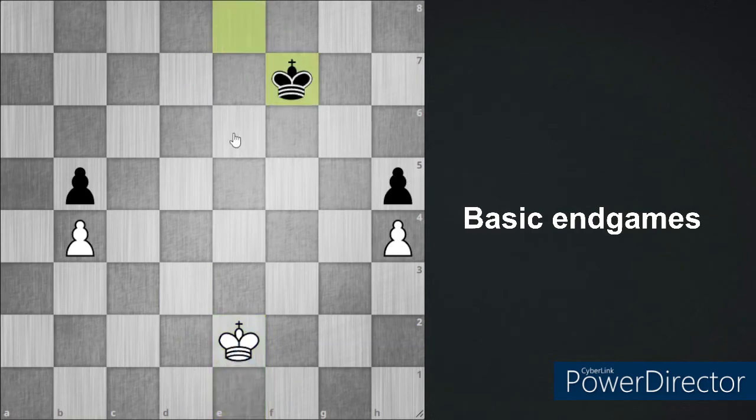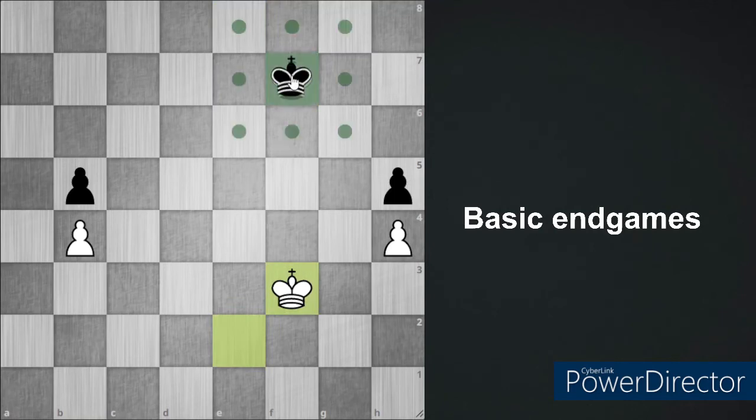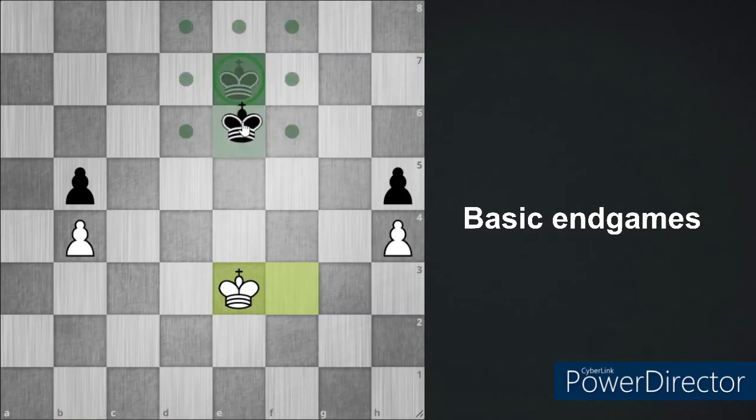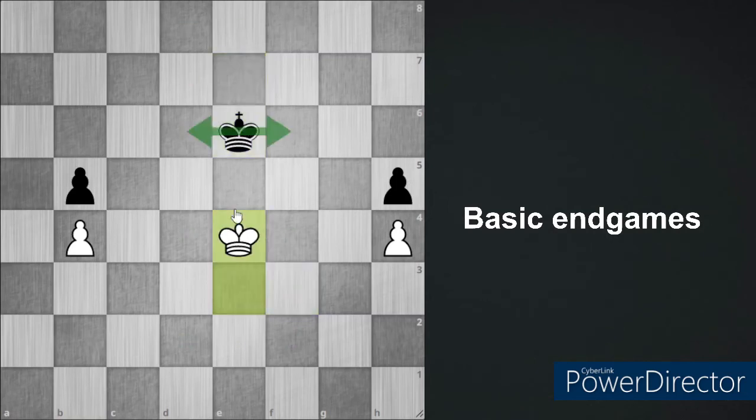He plays the move king f7, for example, immediately getting the opposition. If he once again makes a tricky move king e7, you get the distant opposition on the rank. Now it's black's move, and black has to move, and after king e6, king e4, you have got the opposition.